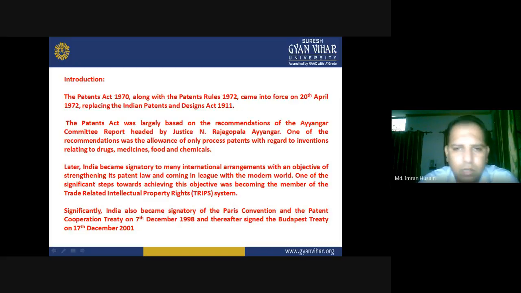They were as old as 1911, and were modified during the 1970s. Since then, the committee reported and suggested many changes. Following those changes, since December 1998 to 2001, various treaties have been signed by India that also required many changes in its laws and regulations for the opening of the international market.